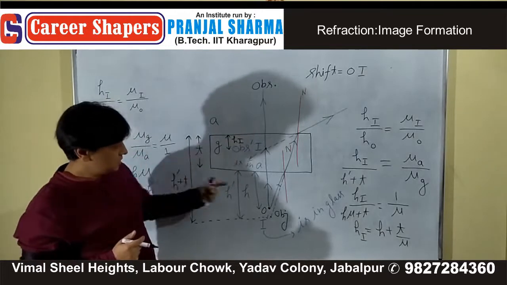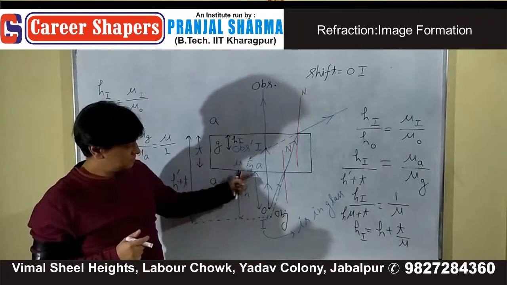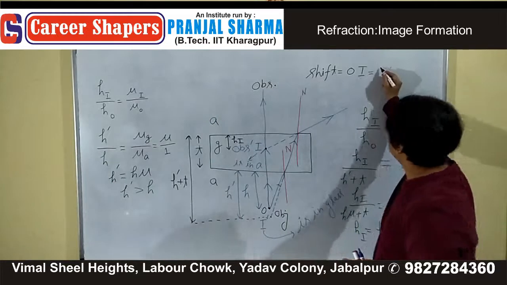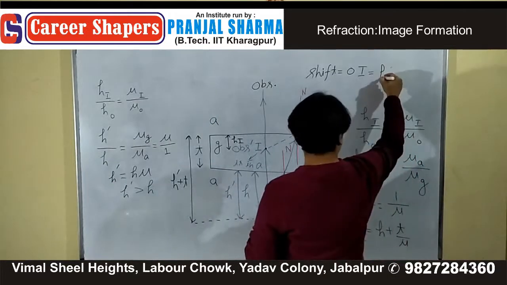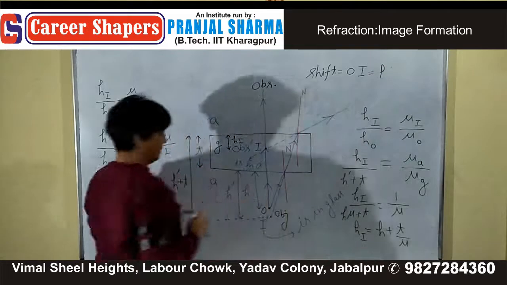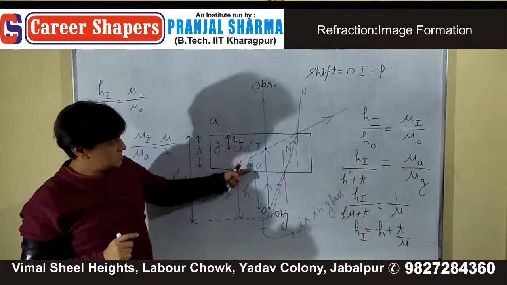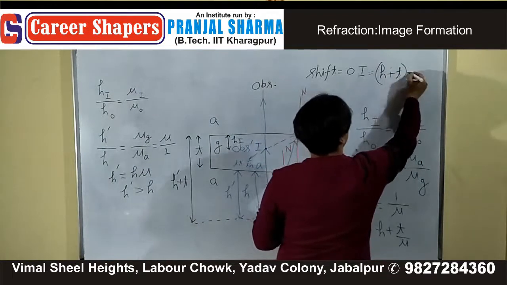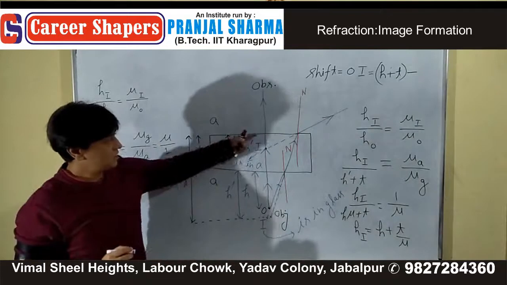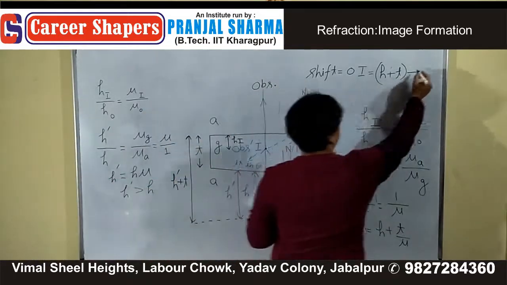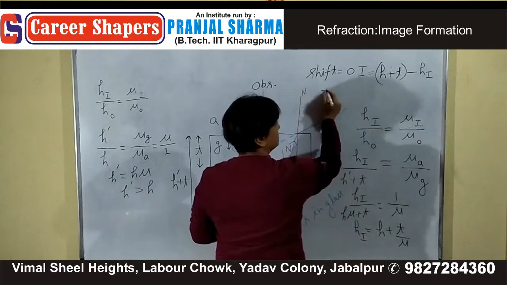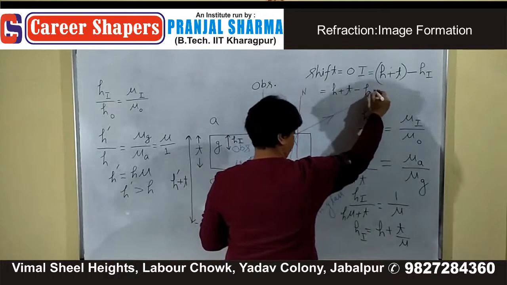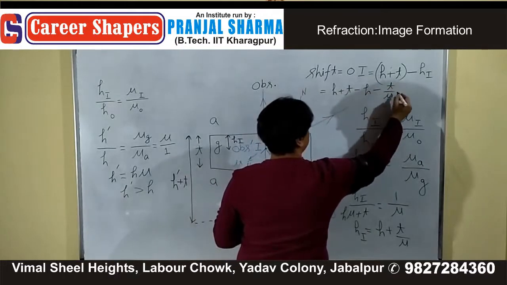T plus H. So OI becomes H plus T minus Hi, which is H plus T minus H minus T upon mu.